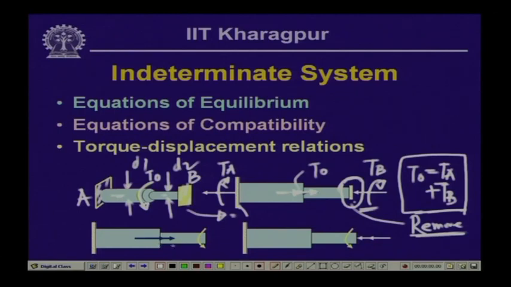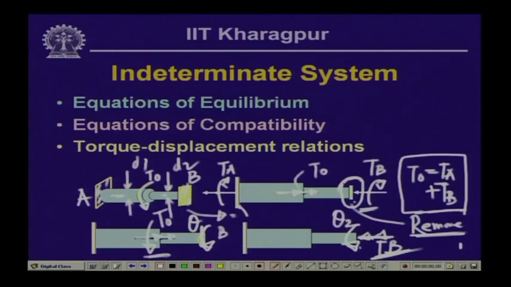The consequence is that because of the twisting moment T 0 which is acting, this will cause rotation of the shaft, and let us call the rotation which it undergoes at this end, end B, theta 1, caused by the twisting moment T 0. Now, let us remove this twisting moment and apply the resistive twisting moment T B at this end, and this T B is also going to cause a rotation over here. Let us call this theta 2.